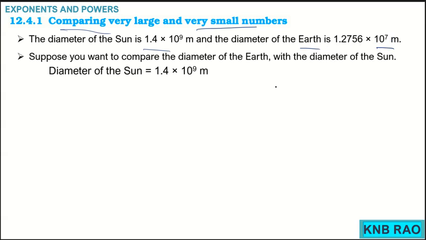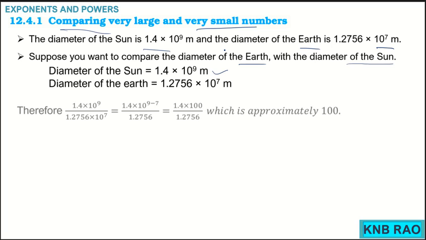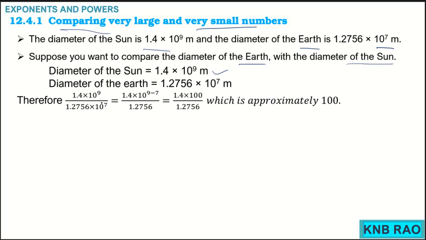Suppose you want to compare the diameter of the sun with the diameter of the earth, you will see it this way. Diameter of the sun is 1.4 into 10 to the power 9 meter, diameter of the earth is 1.2756 into 10 to the power 7 meter, and if you compare, approximately the sun is 100 times the earth.